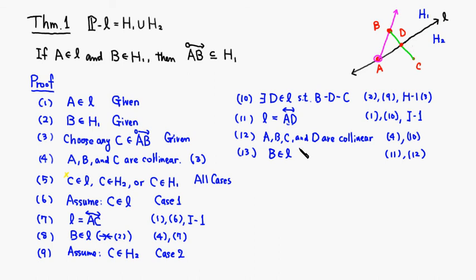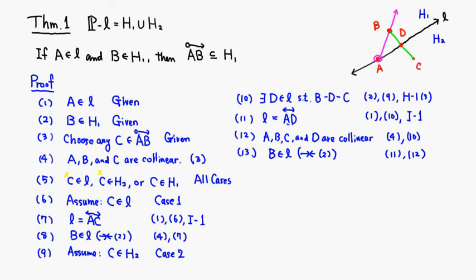But again, this is a contradiction because B is supposed to be in H1, so it contradicts line number 2. Therefore we can eliminate the second case.